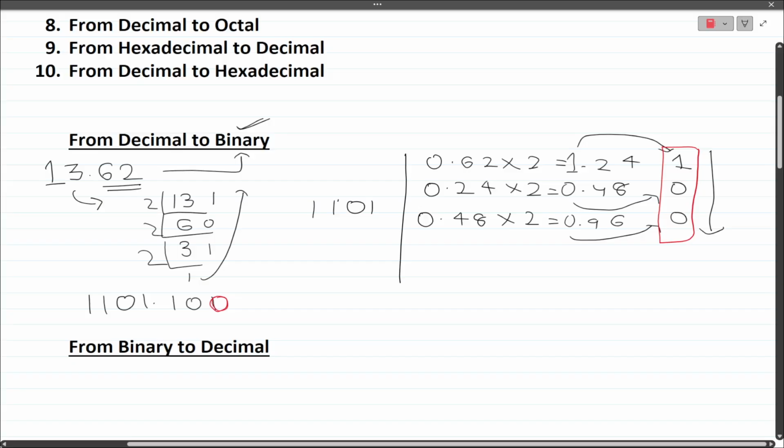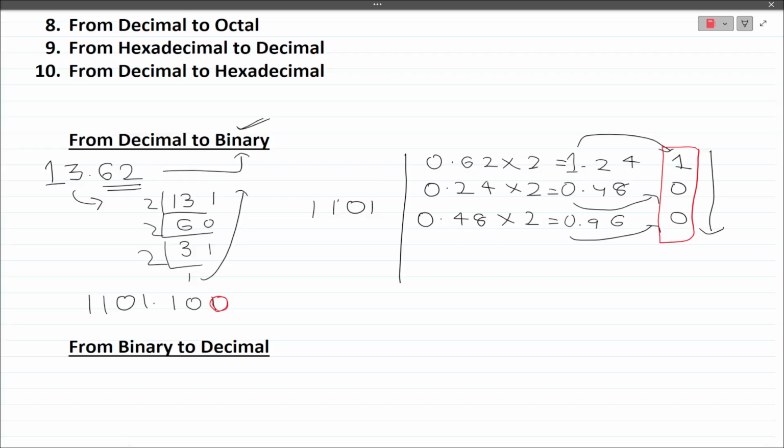Now you must be having one question in your mind: till when shall we be multiplying by 2? It's up to you. If the question demands 4 digits after the decimal place, then you need to multiply by 2 four times. Here I was expecting 3 digits only, that's why I have multiplied 3 times.